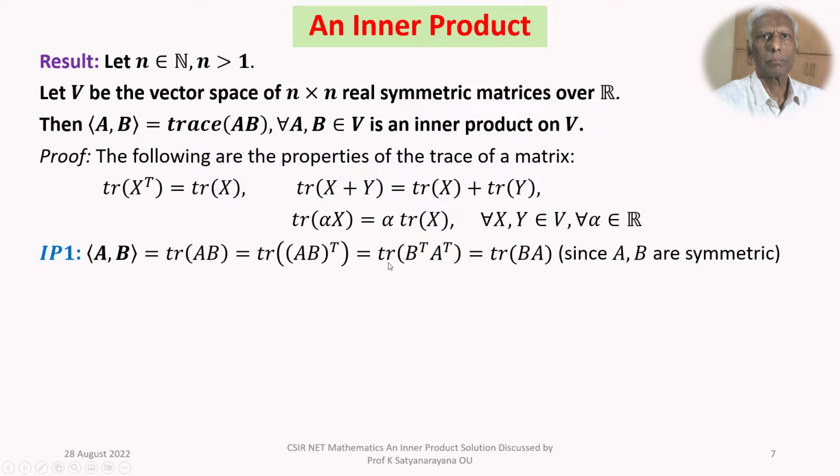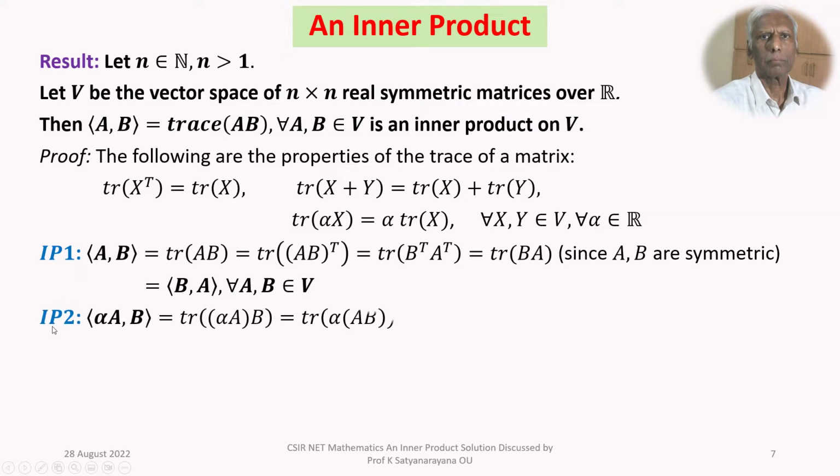And since V is the vector space of all n by n real symmetric matrices, B transpose is equal to B and A transpose is equal to A, so that is equal to trace of the product BA. The trace of BA is the bracket B comma A, and that means bracket of A comma B is equal to bracket of B comma A for all A, B belonging to V. Thus, the first property of the inner product is satisfied.